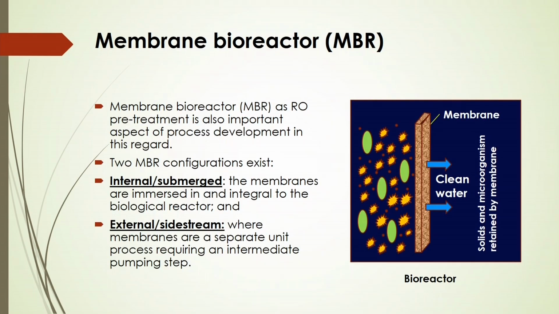And as shown in the figure, the membrane bioreactor as reverse osmosis pre-treatment is also an important aspect of process development in this regard. Now, two membrane bioreactor configurations generally exist. One is called the internal or submerged membrane bioreactor, another is called the external or side stream membrane bioreactor.